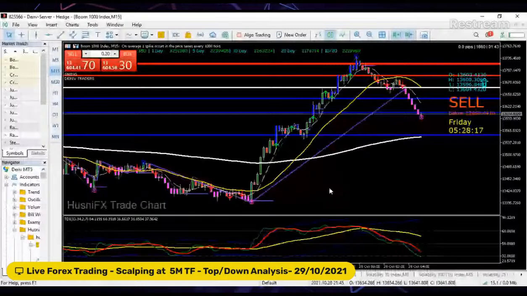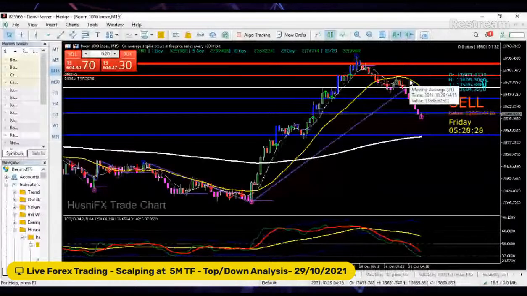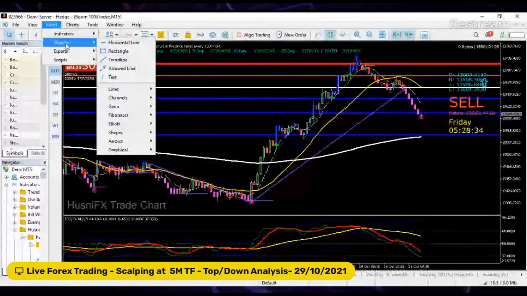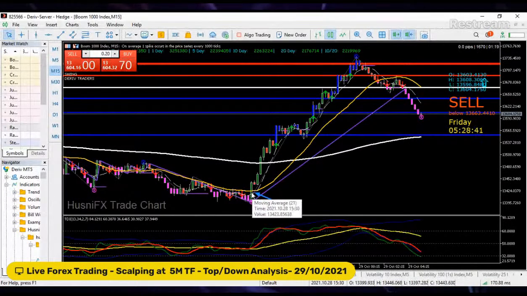Whenever price crosses this yellow, we have a new direction. For example, at this level you can see that the price has made a break above the yellow moving average, the moving average has made a cross and goes up, up, up. That cross means that the market is now moving in a new direction.